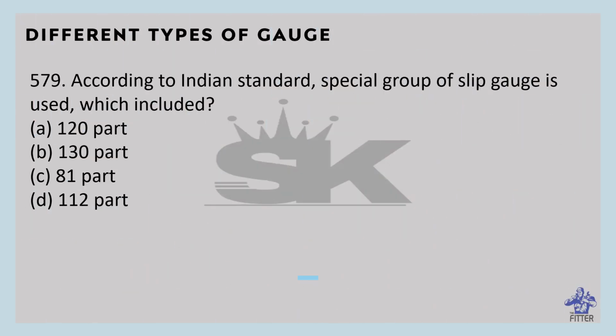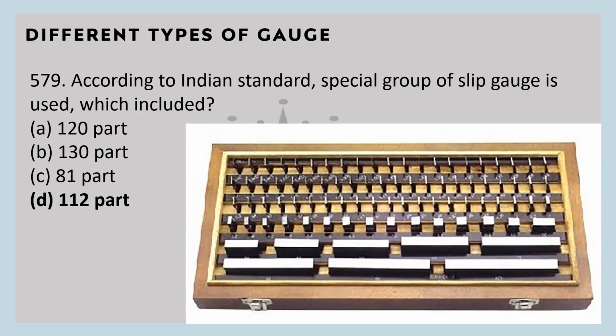According to Indian standards, the special group of slip gauge used includes 112 pieces, so a total of 112 pieces are there in the slip gauge box. It is used as a standard for precision length measurements. You can see here in the image, these gauges are made in sets and consist of a number of hardened blocks made of high grade steel.